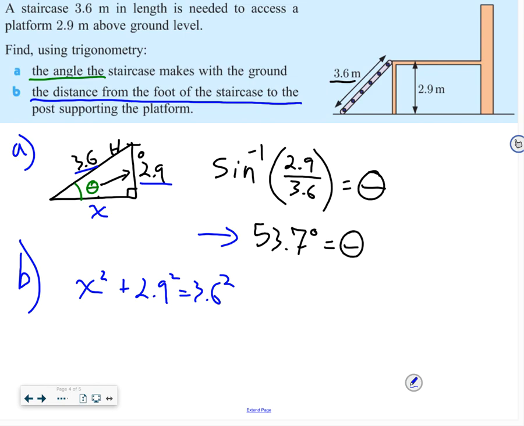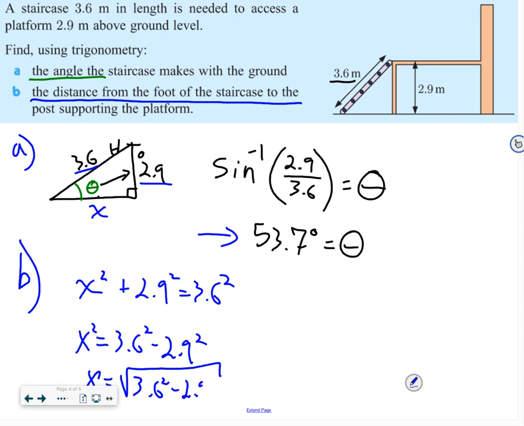Rearranging, x squared is equal to 3.6 squared minus 2.9 squared. Then I take the square root, so x equals the square root of 3.6 squared minus 2.9 squared. Typing it into my calculator, I get a solution of 2.13. Remembering my units, we're dealing with meters.